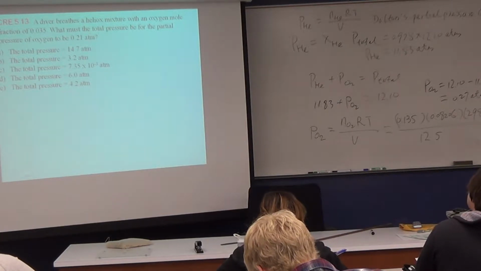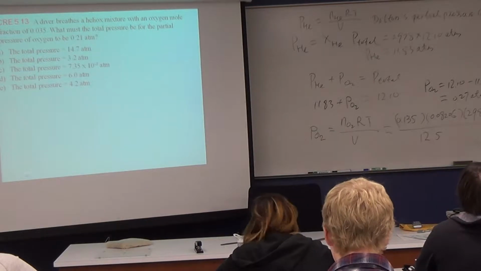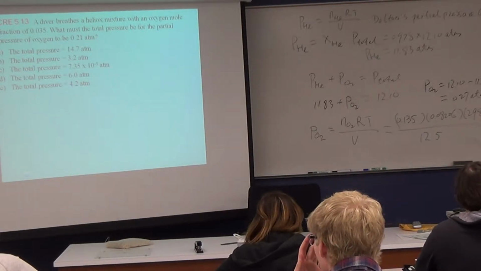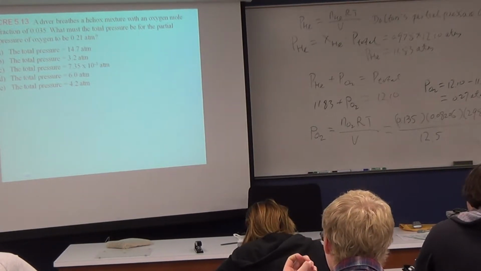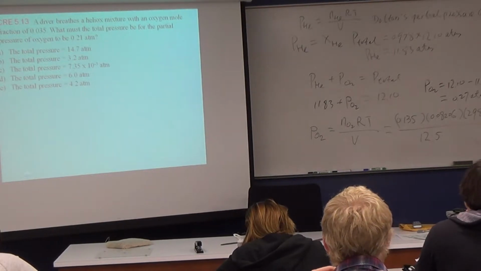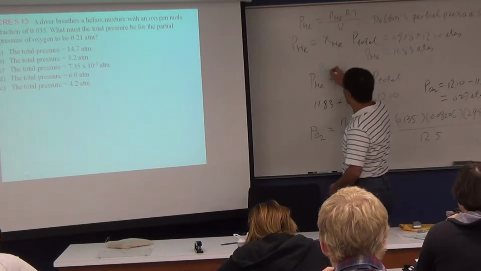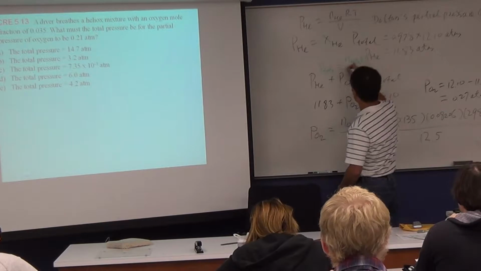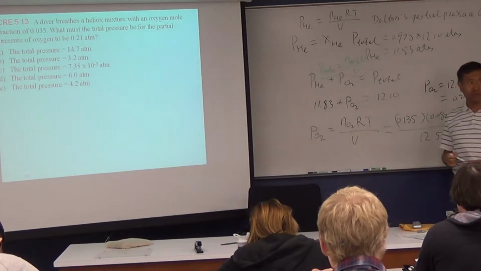Oh, you use that equation I wrote on the board too. Probably I said the ideal gas law is difficult to use here. Can you use P total equals N total times RT divided by V to find the total pressure?